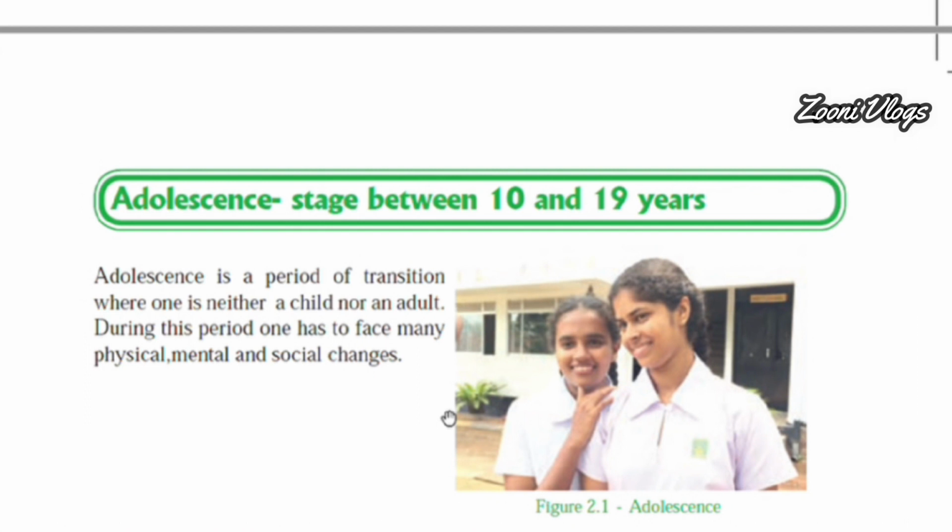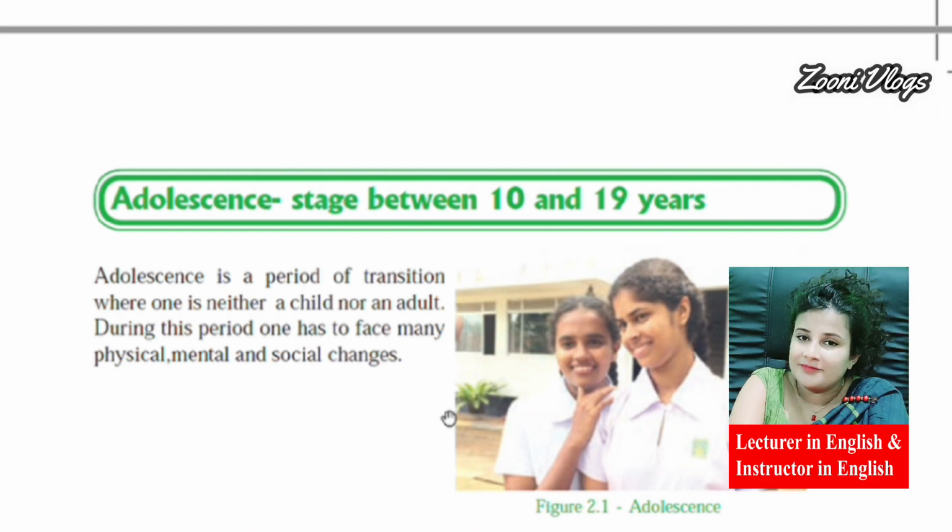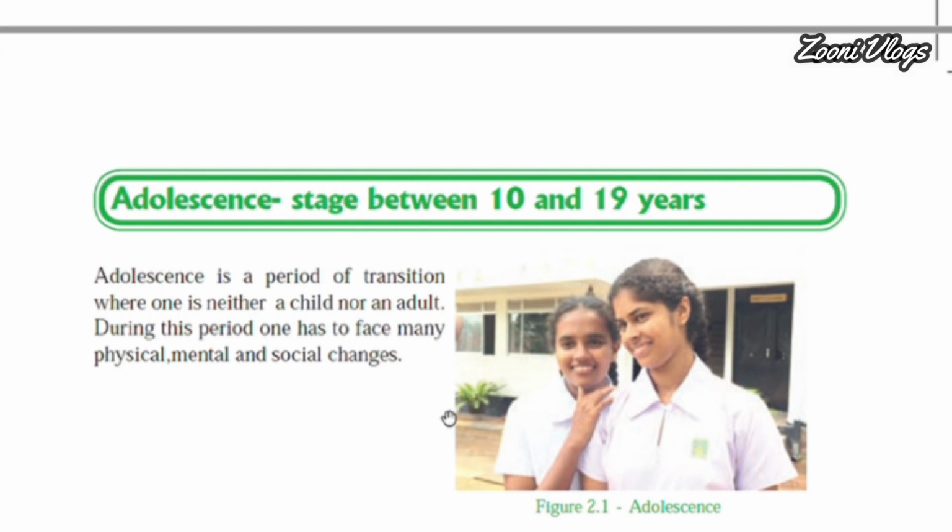Adolescence is a period of transition where one is neither a child nor an adult. It is in between child and adult. During this period, one has to face many physical, mental and social changes.